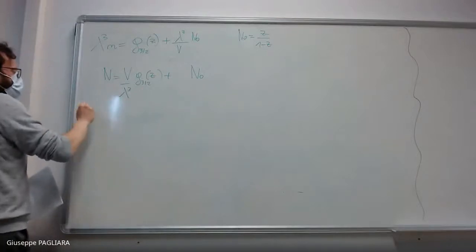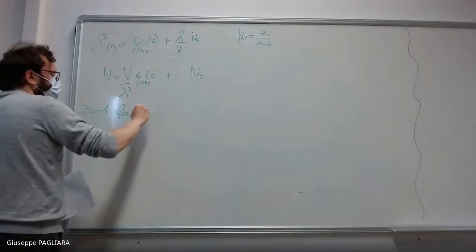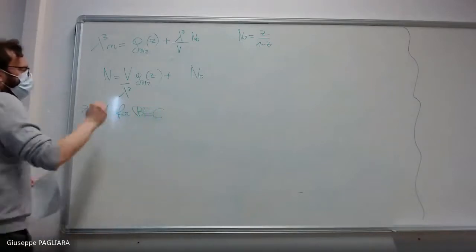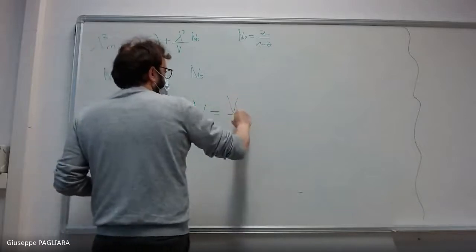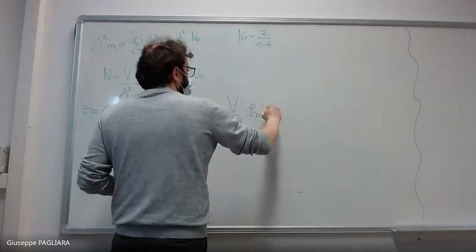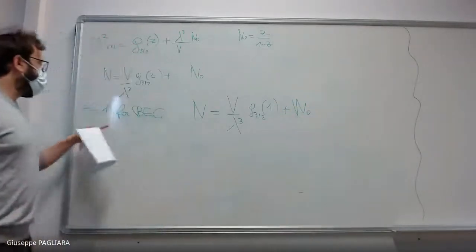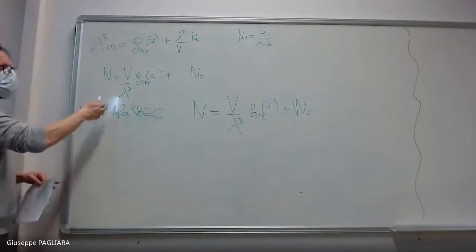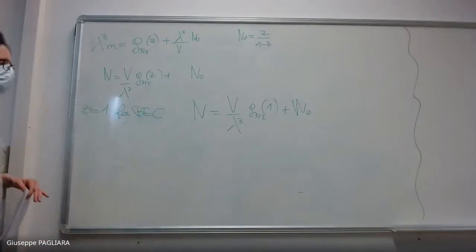So let me put first z equal to 1 for the BEC condition, and therefore here I get that n is equal to g_{3/2}(1) divided by lambda cubed plus n_0. Otherwise, if z is not close to 1, this number will be an infinitesimal quantity.